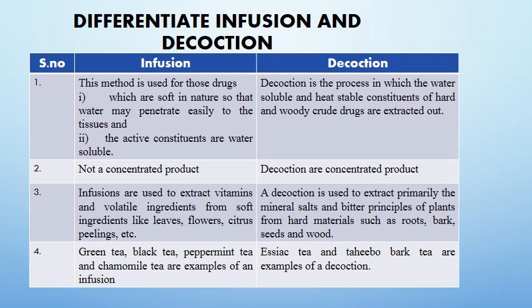In infusion, green tea, black tea, peppermint tea and chamomile tea are examples of infusion. Next, for the decoction process, acid tea and the herbal bark tea are examples of decoction.